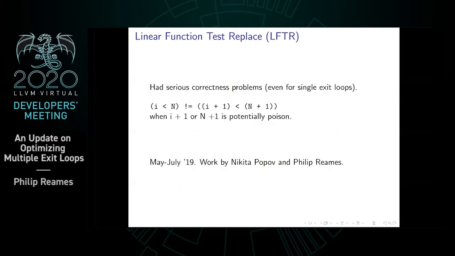That's taking an exit test and shifting it from testing I to testing I plus 1, essentially. When it did that, it was not accounting for the fact that the two increments could potentially overflow, and it was converting well-defined loops into loops with undefined behavior. The end result was we basically had to rewrite the entire transform in the process of adding the multi-exit support. This was done back in May and July of last year.